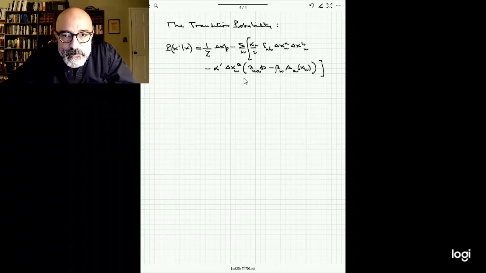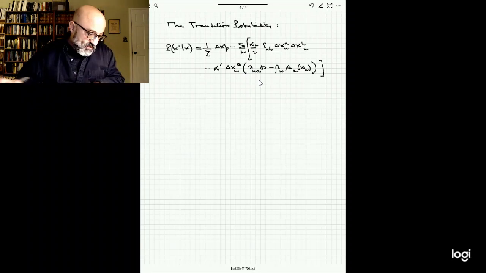Very good. It is convenient to write the alpha prime and beta separate, because then I can see that this factors out. And we have a quadratic term. We have a linear term. We can actually rewrite this by completing the squares.